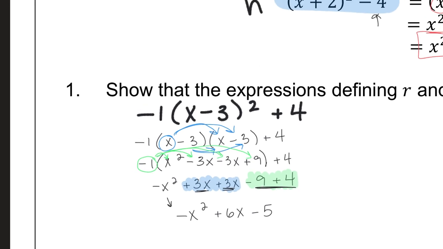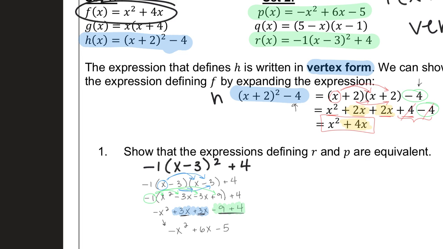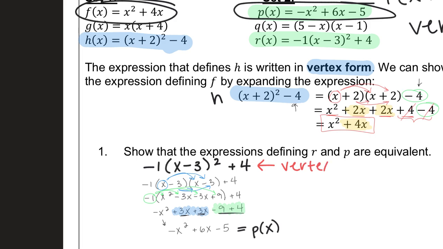So this is our equation, which you guys can see is the same thing as p. So this is p of x. Those equations are equivalent. The first one here is just written in vertex form. And because we expanded this, this is in standard form.